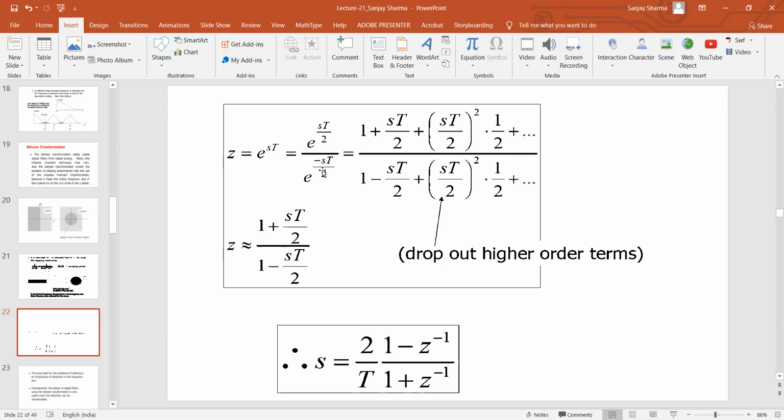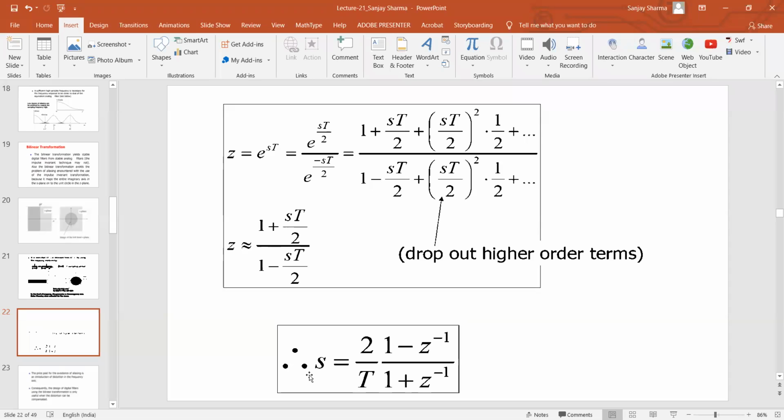If I drop the higher order terms, I am left with z equal to 1 plus s capital T by 2 over 1 minus s capital T by 2. Now, if from here I calculate the value of s, s is equal to 2 by capital T times 1 minus z to the power minus 1 divided by 1 plus z to the power minus 1. This is the bilinear transformation.